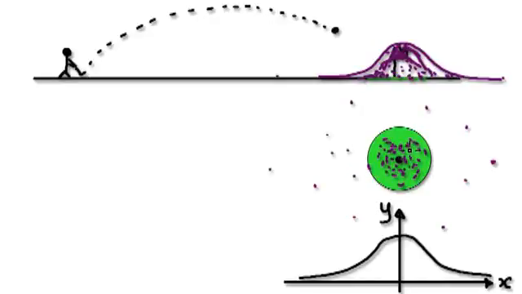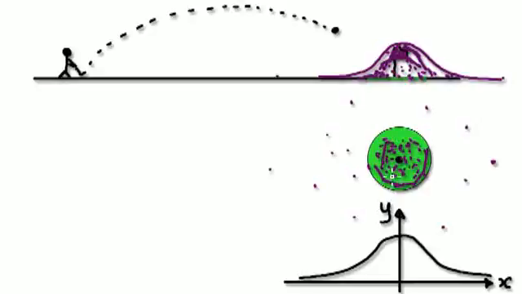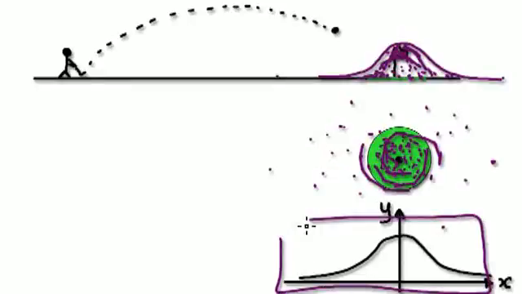But around your target, it's going to be really dense, but then as you move further out, it's less dense. So you're going to get a graph looking like this.